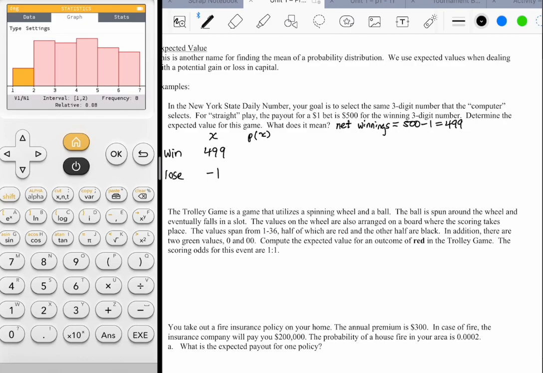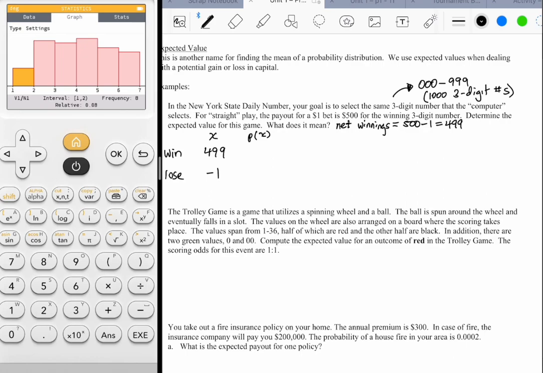If that matches what the computer selects, then you win. The number of possible 3-digit numbers would go from 000 up to 999. That's 1,000 3-digit numbers.